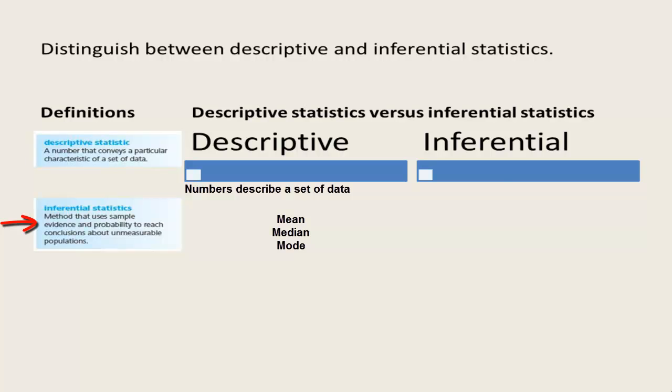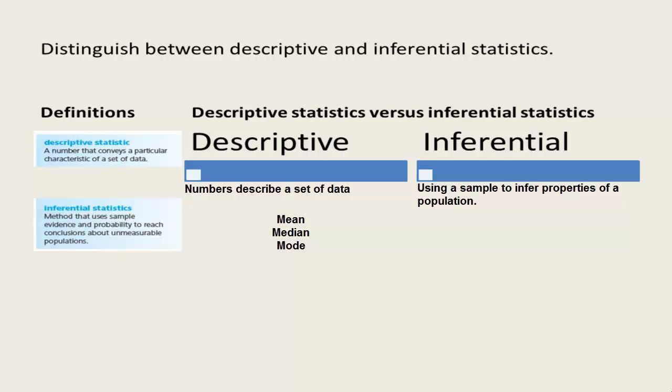Inferential statistics involve using the characteristics of a known sample to infer conclusions about a larger similar population. The key idea for inferential statistics is that your goal is to make conclusions about a group for which you do not have comprehensive data.